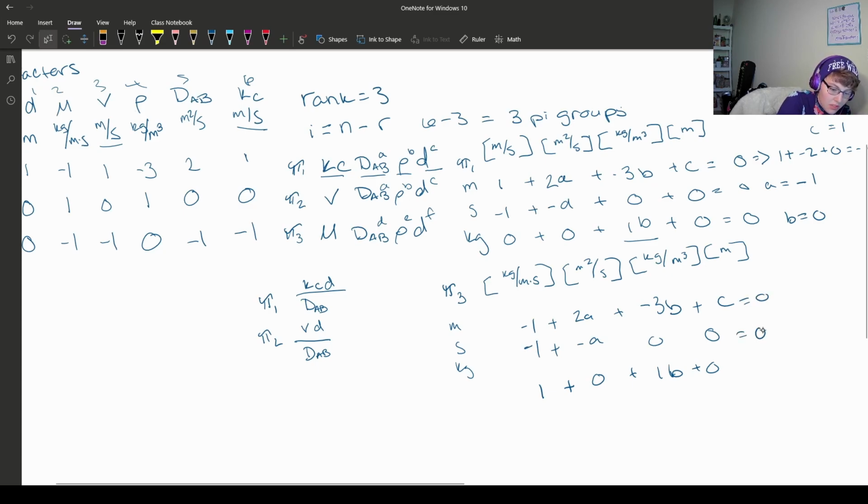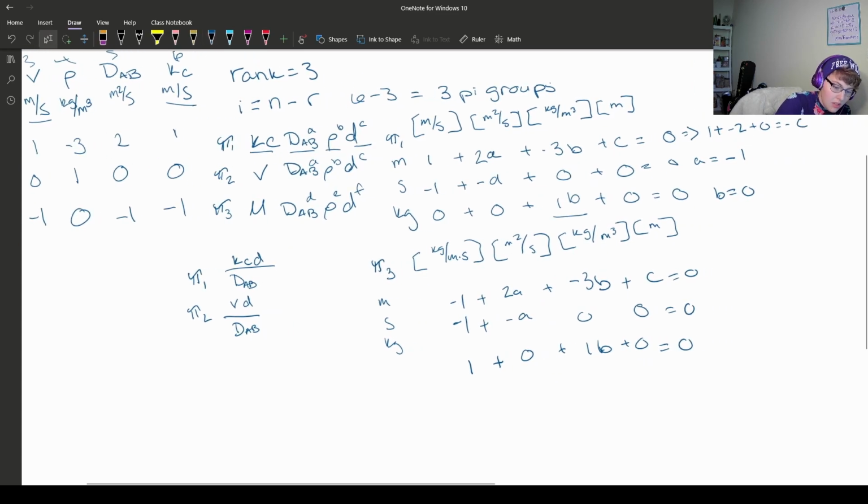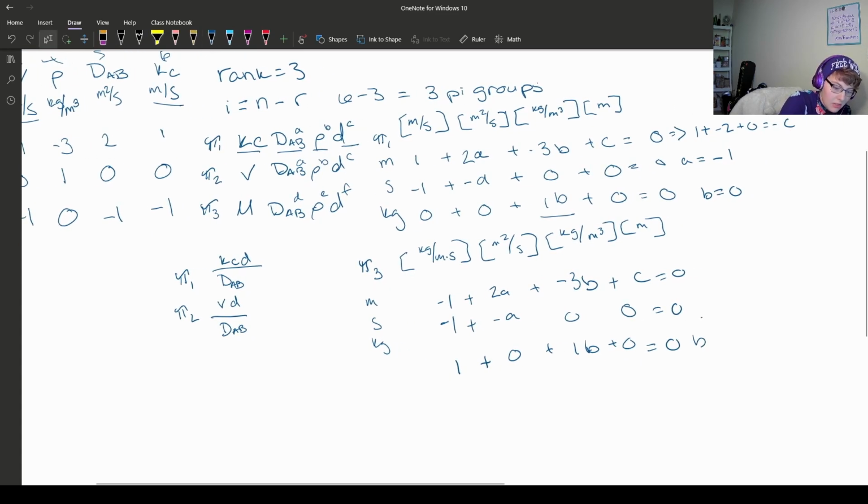So then we can resolve these equations. We will get B is equal to -1. A is equal to -1. And then when we rewrite this equation up here, we will get that, and that means that C is equal to 0.